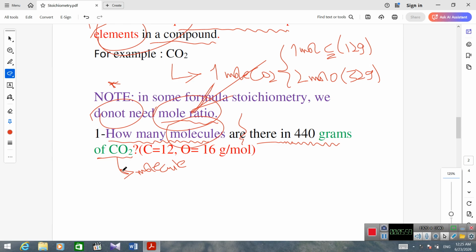The total format is: we look at the question mark, and molecules of CO2 is the question part, and the given data is 440 grams of CO2.